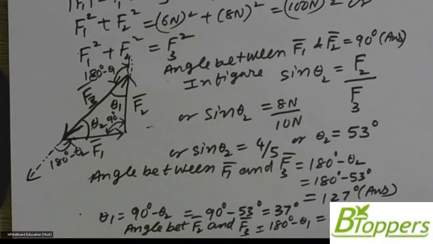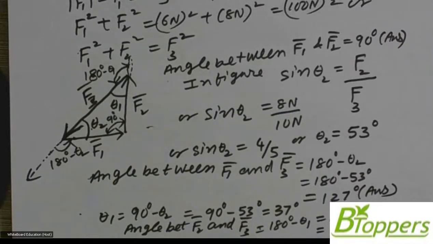That is equal to 180 degrees minus 37 degrees. That comes out to be 143 degrees. So that is one of the answers here.